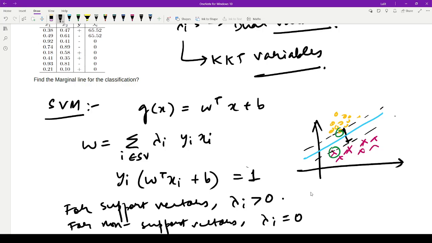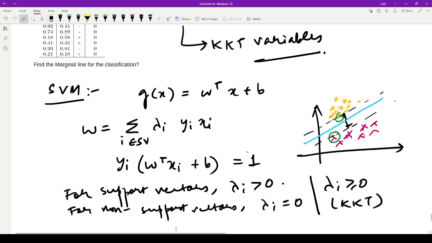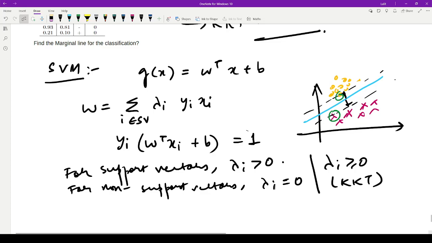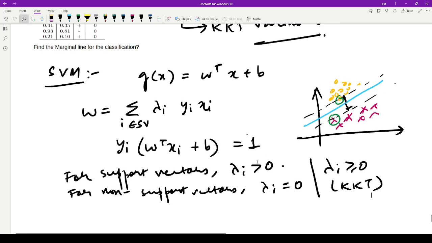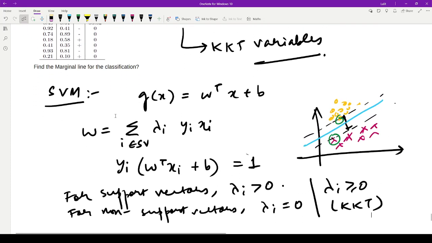If you remember, there was another KKT condition that lambda is greater than or equal to 0. It can either take positive values or 0, but it cannot take negative values. For support vectors greater than 0, that's all we need to consider for our computation.